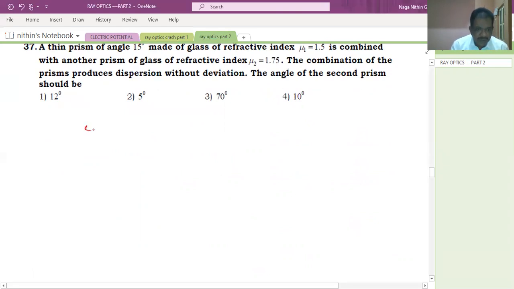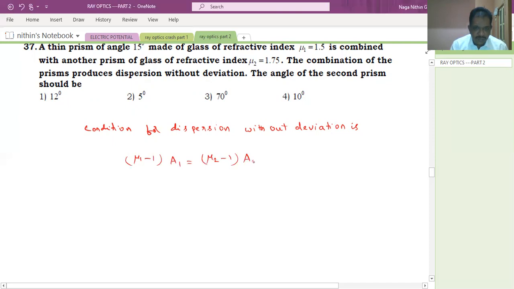So condition for dispersion without deviation is mu1 minus 1 into A1 is equal to mu2 minus 1 into A2.